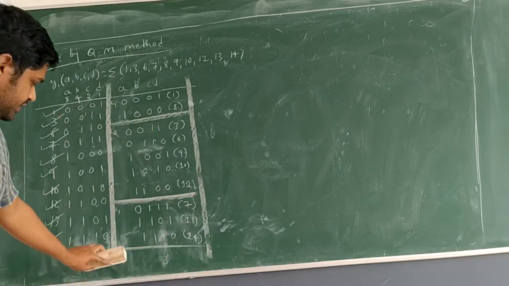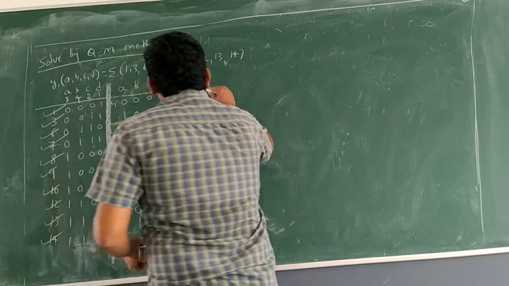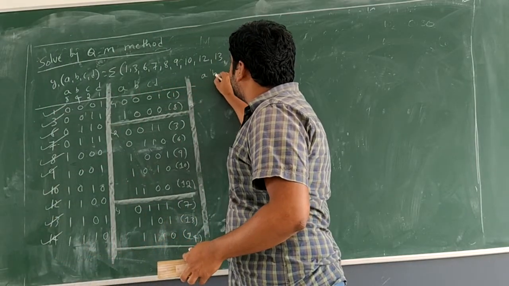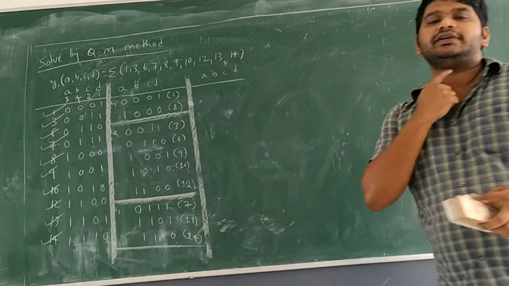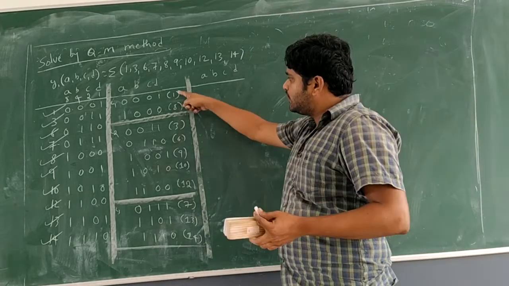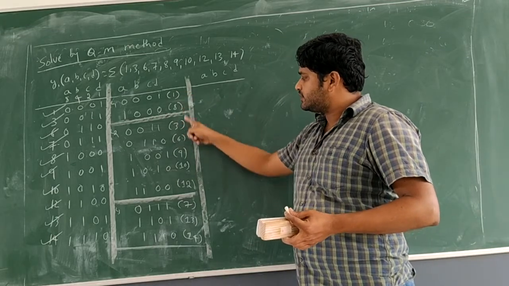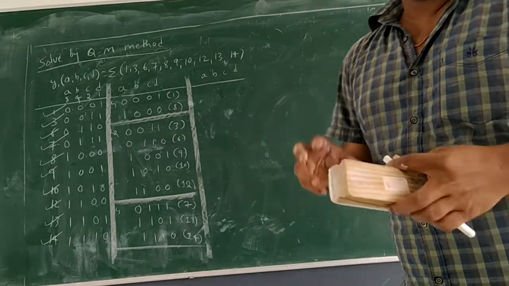Coming to the third step. Okay. Third step, again we will write the variables A, B, C, D. So now first possibility 1, 3, 1, 6, 1, 9, 1, 10, 1, 12. Remember the basic formula.